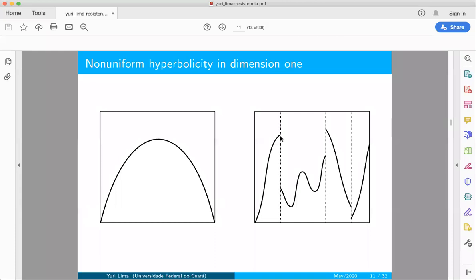So we not only allow these discontinuities to happen, but we also allow the derivative near these discontinuities to explode to infinity, as well as the derivative near critical points to converge to 0, because here it is 0. But we only allow this convergence to 0 and to infinity to happen in a polynomial-like way.